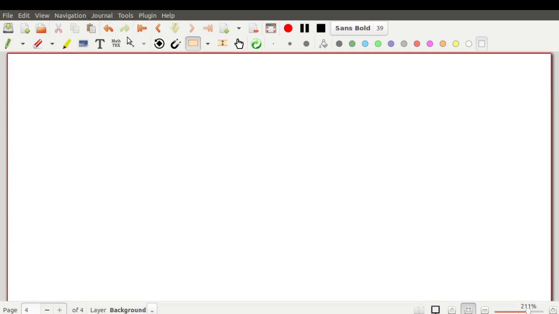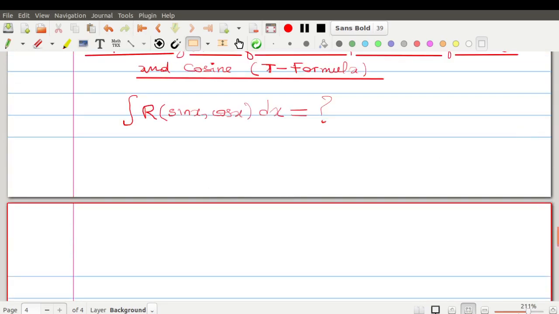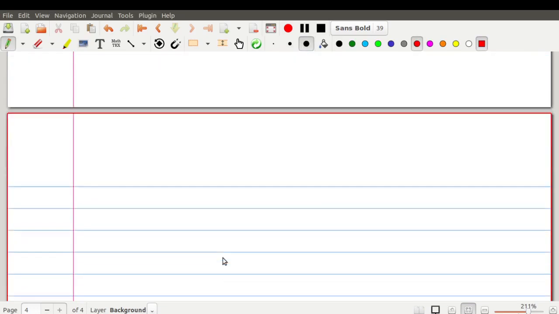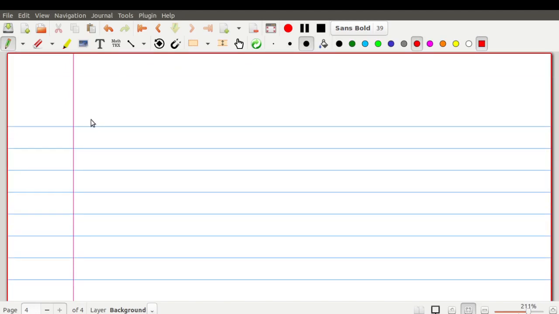So let me open a new page, right? Okay. So the Weierstrass substitution. Weierstrass, it's German.